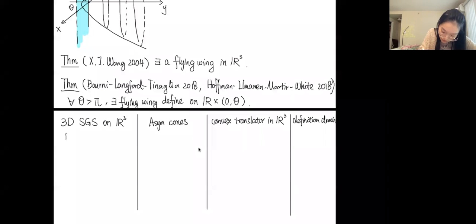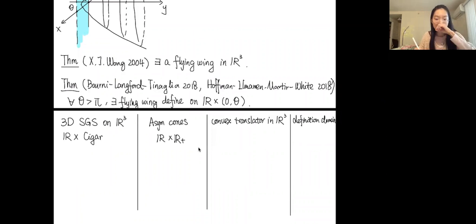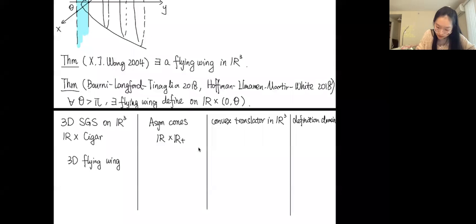Here's the first one, we have R cross cigar. That's a product of R and the two-dimensional cigar soliton. Since the cigar soliton is asymptotic to a ray, crossed with R, that is asymptotic to a half plane. Then we have the 3D flying wing, which by definition has an asymptotic cone that is a sector with angle 0 to theta.